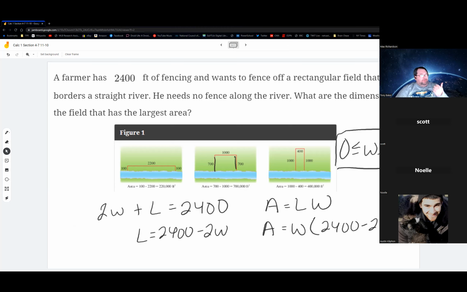All right, so we've got our equation. We've got our domain restrictions. Now we want to find our critical numbers.